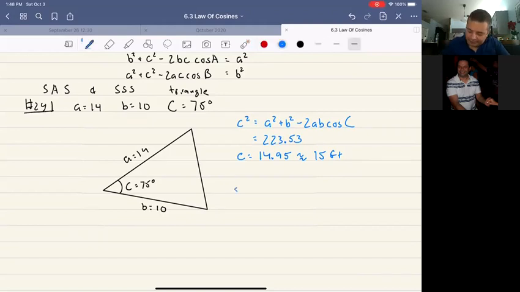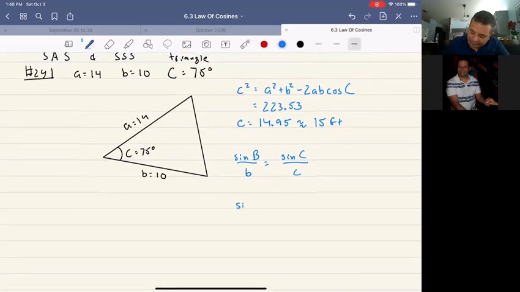Sine of B over b equals sine of C over C. I know everything except for the angle B. So sine of B equals lowercase b sine of C divided by C. I get 10 times sine of 75 divided by 15, and I get 0.64.